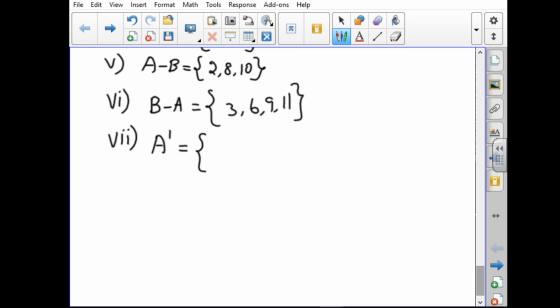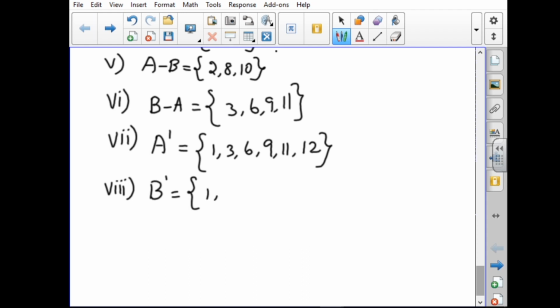So A dash is 1, 3, 6, 9, 11, 12. Next, B dash means except the B set, which is 1, 2, 8, 10 and 12.